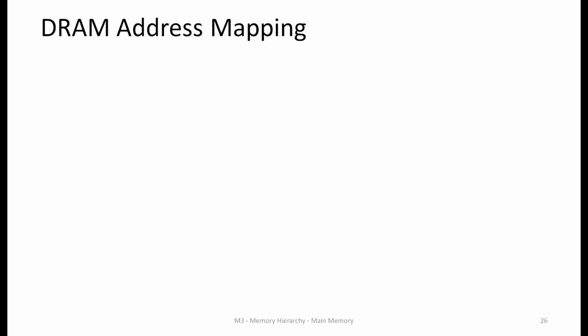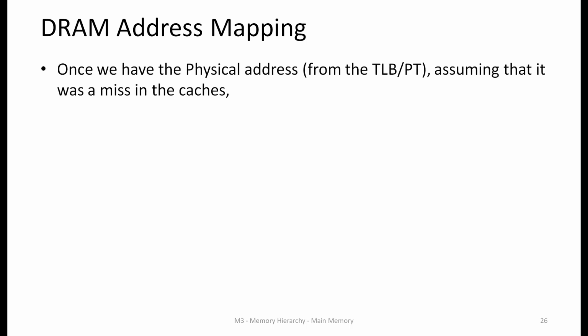Now with this understanding, let's look at the DRAM address mapping. When a request comes to the memory controller, mainly because it's a miss from the caches, we know its physical address from the TLB or the page table. We need to split that physical address into the DRAM address.